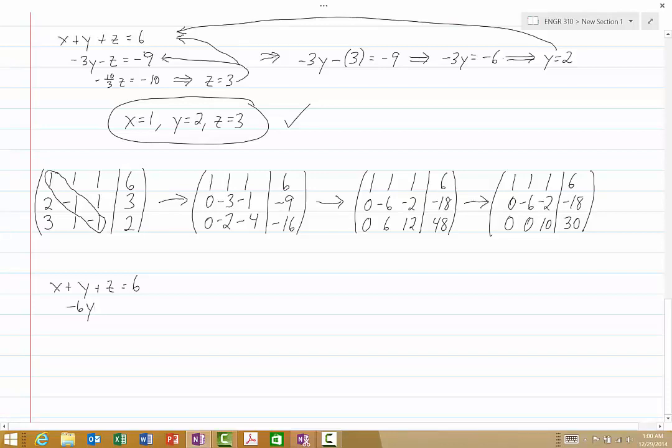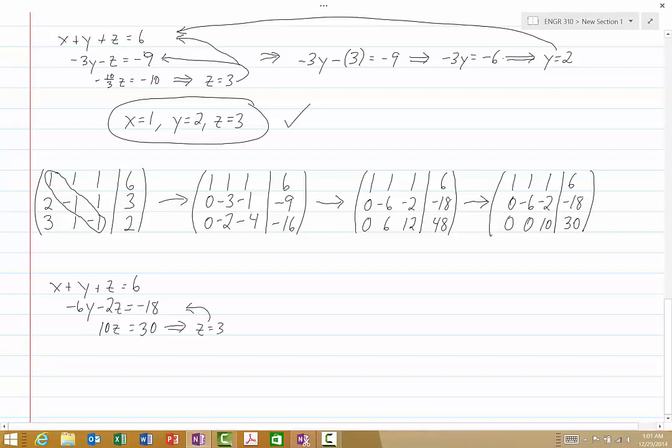It's just whatever you want to do. So negative 6y minus 2z equals negative 18, and then the last equation will be 10z equals 30. And of course that immediately implies that z is equal to 3.